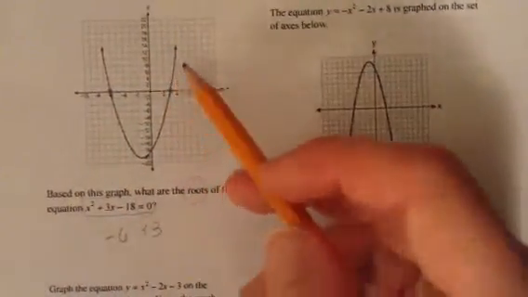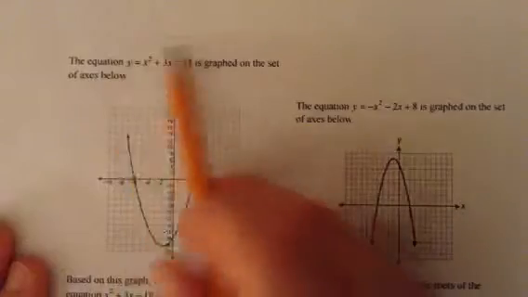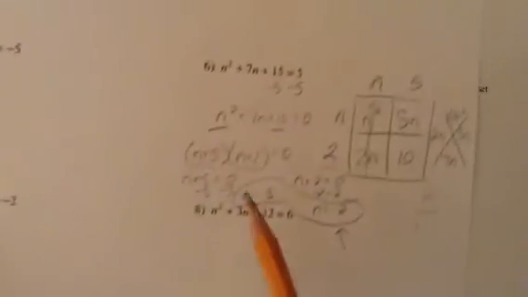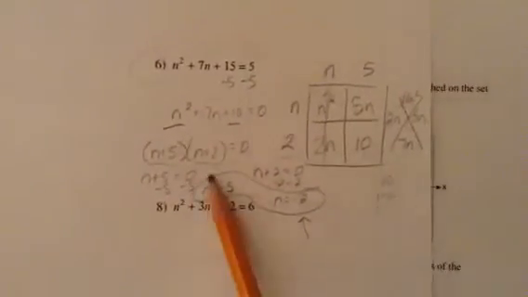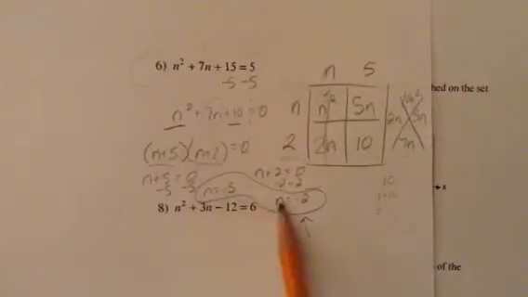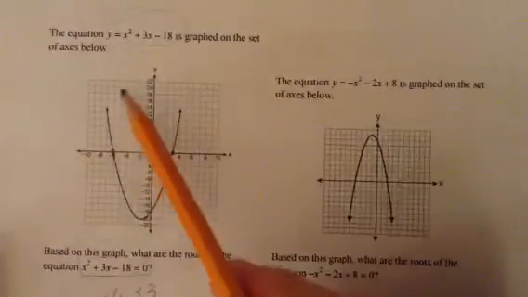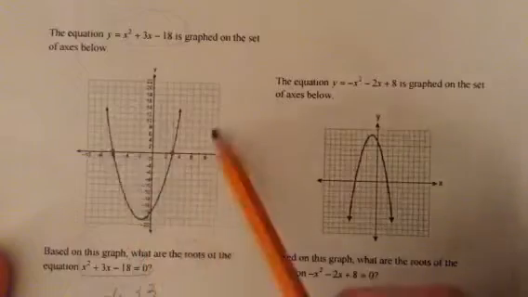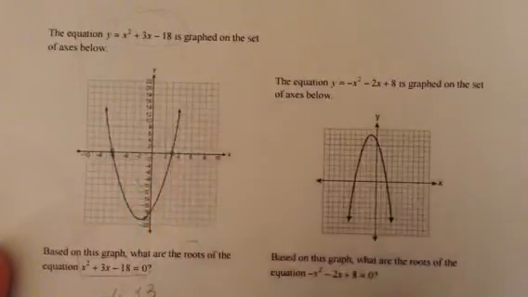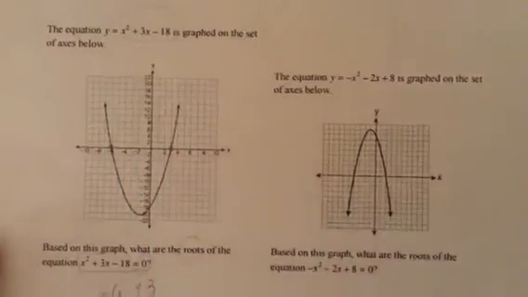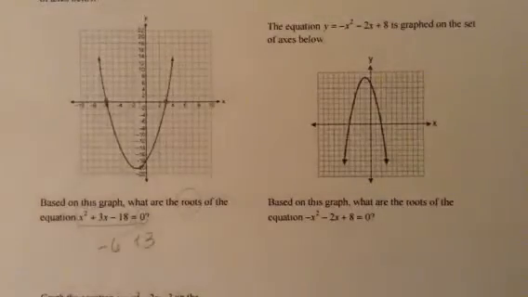So the idea is if you graph an equation, one method we can use is factoring to find these answers. Another method we can use is we can graph the equation, find the zeros, and those will give us the roots of this equation. So we can use all those together.